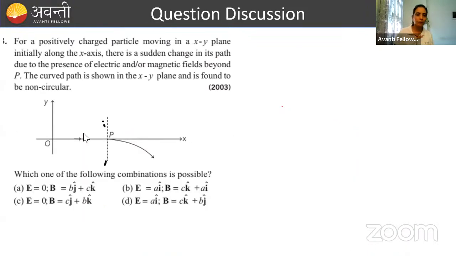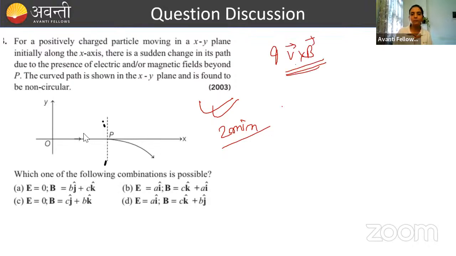Chalo. Now let me know the answer of this question. Again, take some time, 2 minutes, and try doing it. You just need to do it with the direction, nothing else. Just the q v cross B formula will give you the answer. This v cross B direction thing will give you the answer. So you just need to go with it. Do it now.